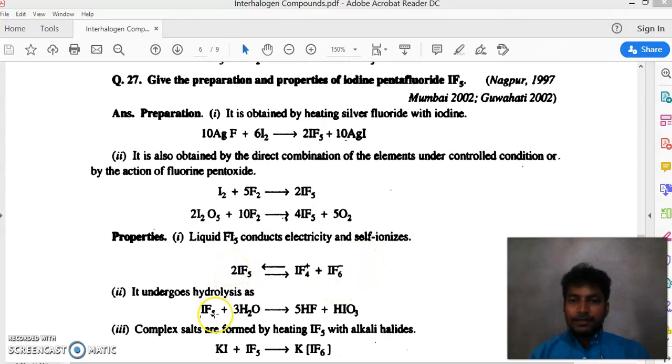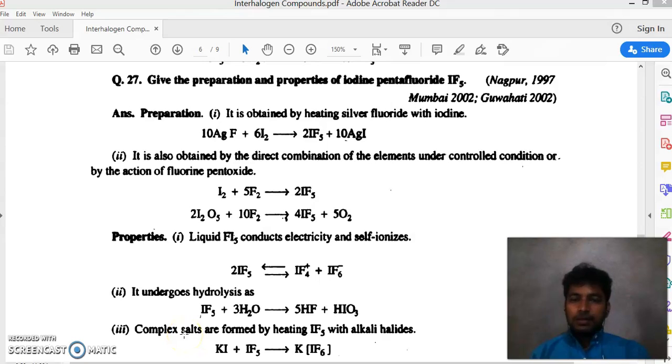Iodine pentafluoride readily undergoes hydrolysis in the presence of water and forms hydrogen fluoride as well as iodic acid. So this is the chemical equation: IF5 plus 3H2O gives 5HF plus HIO3.